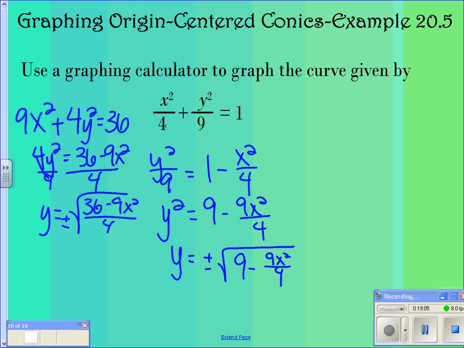All right, so I'm going to say square root of 9 minus 9x squared divided by 4. Should I do anything to my y2? I already have that in, right? So do I have to change anything? Okay. And this is what my graph looks like.